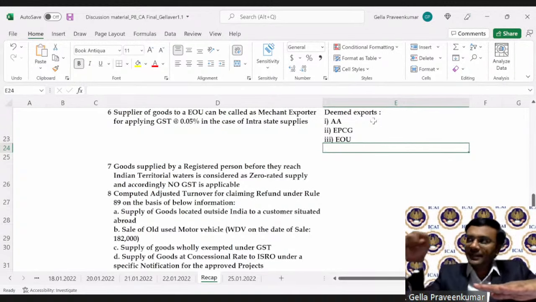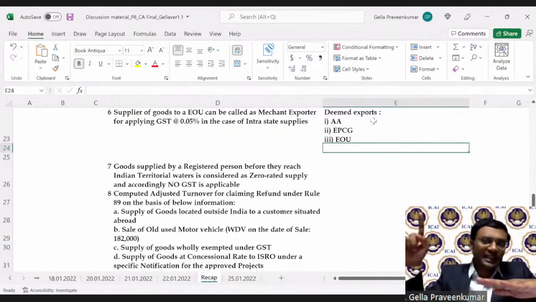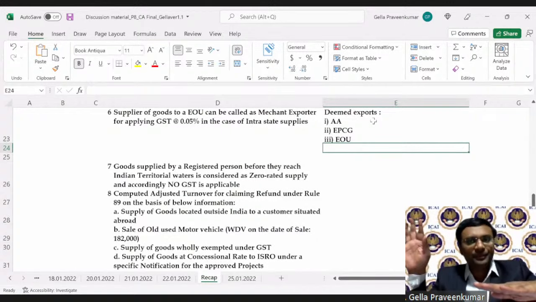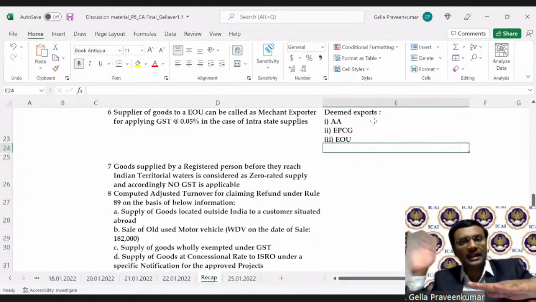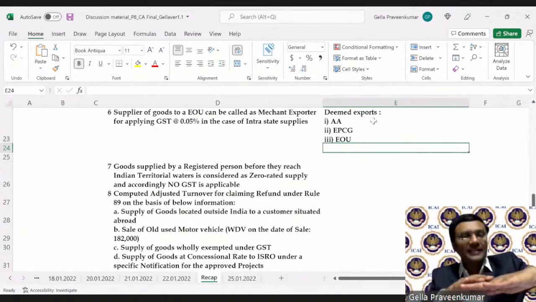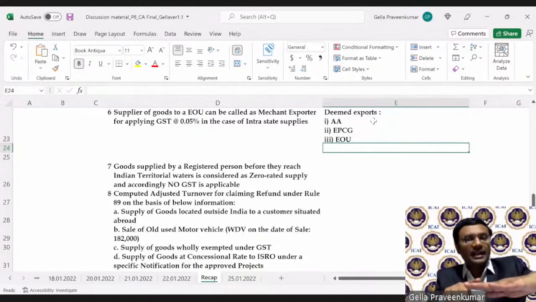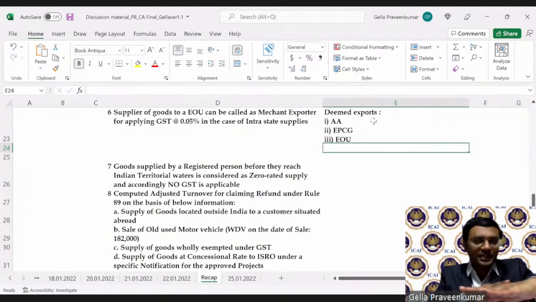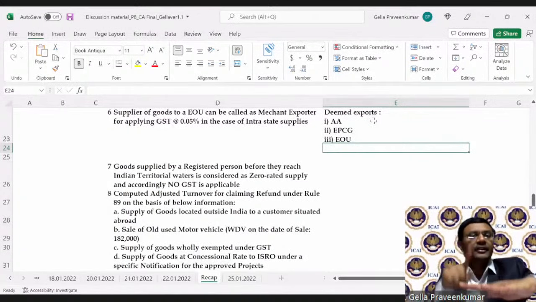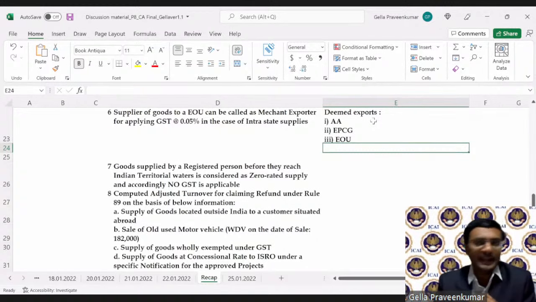Namita in turn exports those goods to the party in UAE, United Arab Emirates. So in this transaction, Namita is an exporter. Naveen happens to be a merchant exporter. So Naveen will raise an invoice on Namita for 0.05% CGST, 0.05% SGST. If it is an interstate supply, 0.1% on the transaction value.